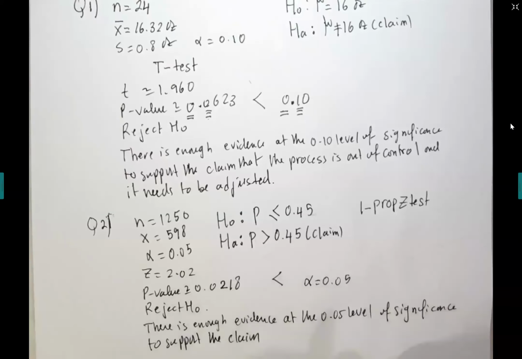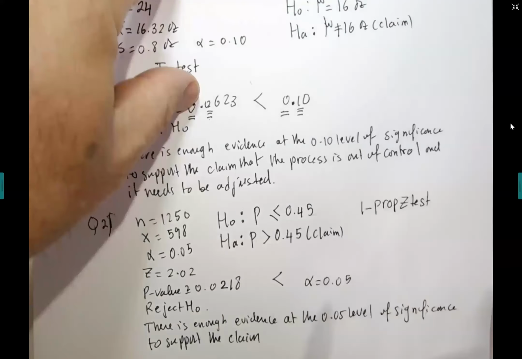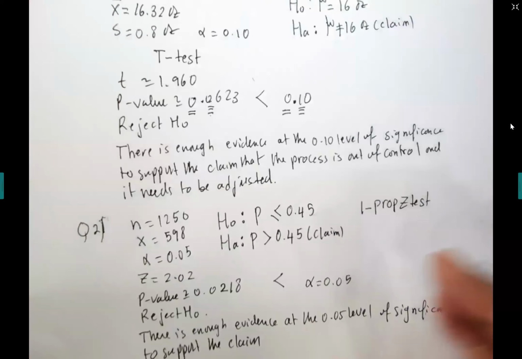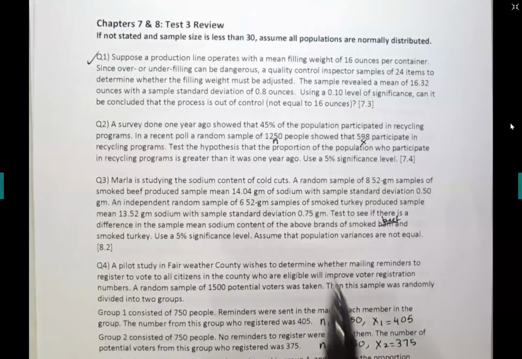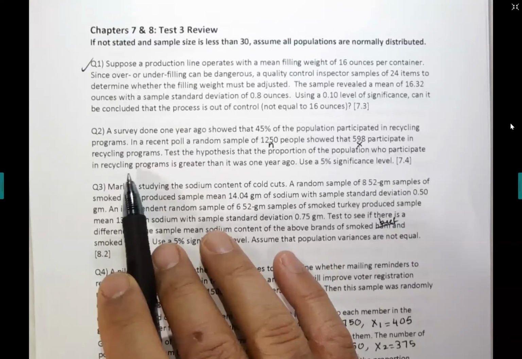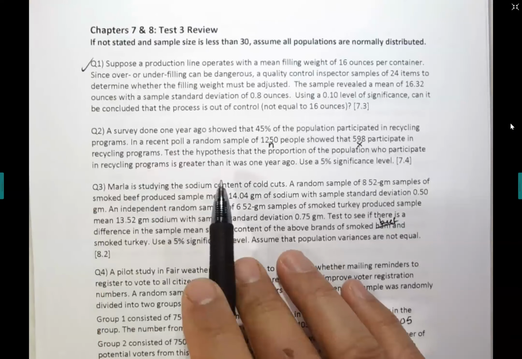And what is the claim here? Let's go back and read the claim together. The claim that the proportion of the population who participate in recycling is greater than what it was a year ago.